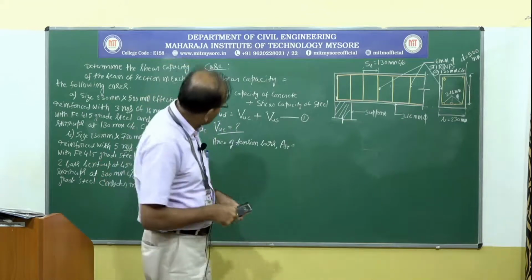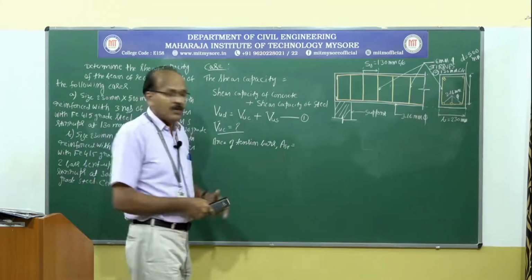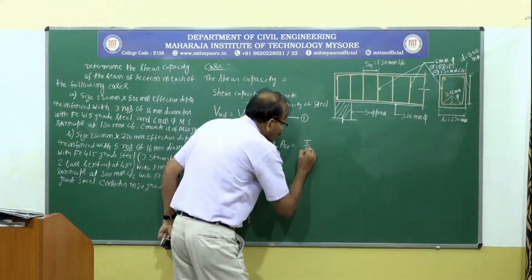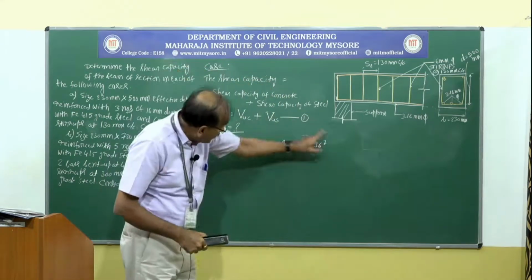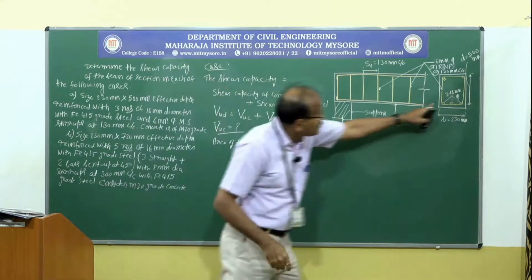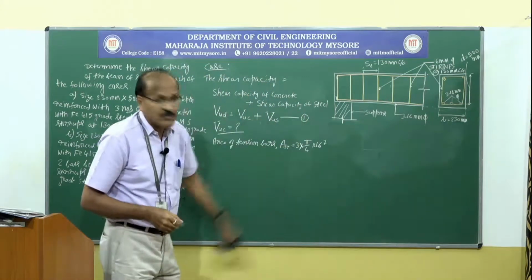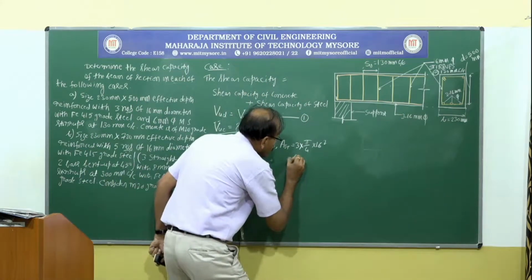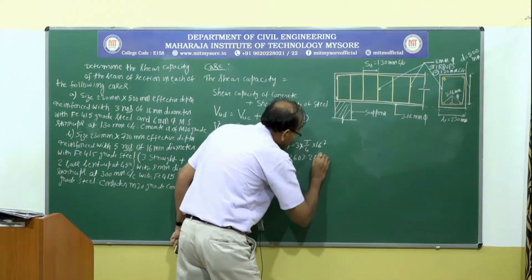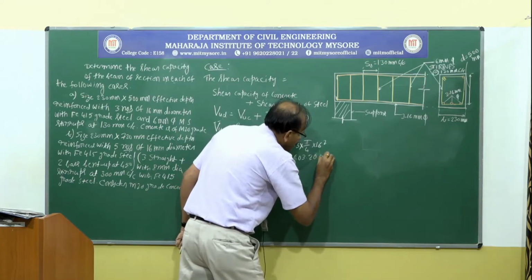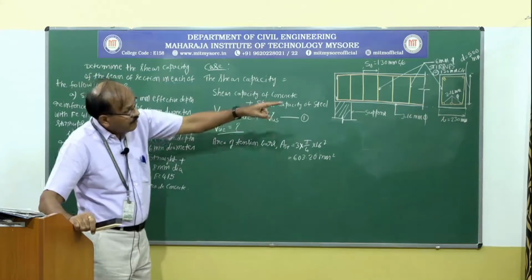Here I am calling the same thing AST, that is my choice. So pi by 4 into 16 square is the area of cross section of one bar, and we have 3 such bars, so 3 multiplied by this. I get the value as 603.20 millimeter square, the area of cross section of the tension steel.